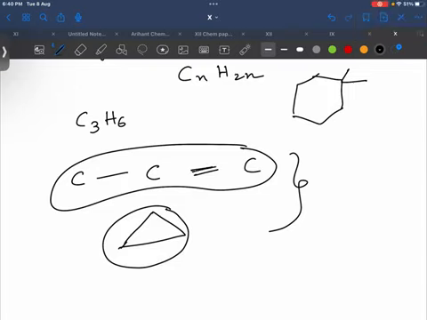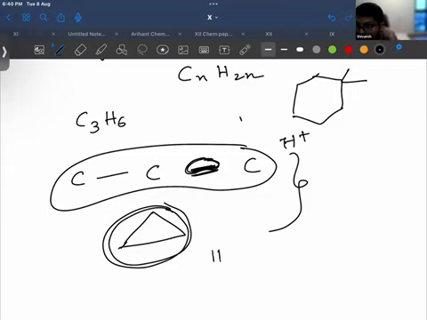For example, this one has a double bond, so it will be easily attacked by an electrophile. It will react with H plus, acids, easily. But this one, since it does not have a double bond, it's difficult.